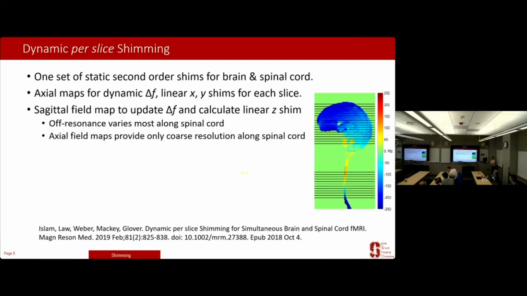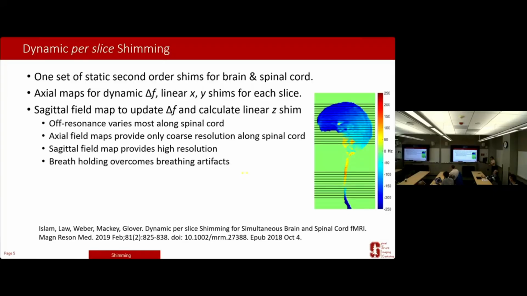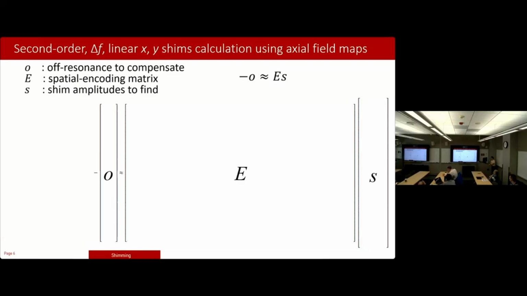An axial field map can only provide a coarse resolution in the Z dimension. That is why we collect a high resolution sagittal field map. The sagittal field map is collected under breath hold, so it eliminates breathing artifacts. All the shimming details are published in this paper. I'm just going to give a snapshot here.